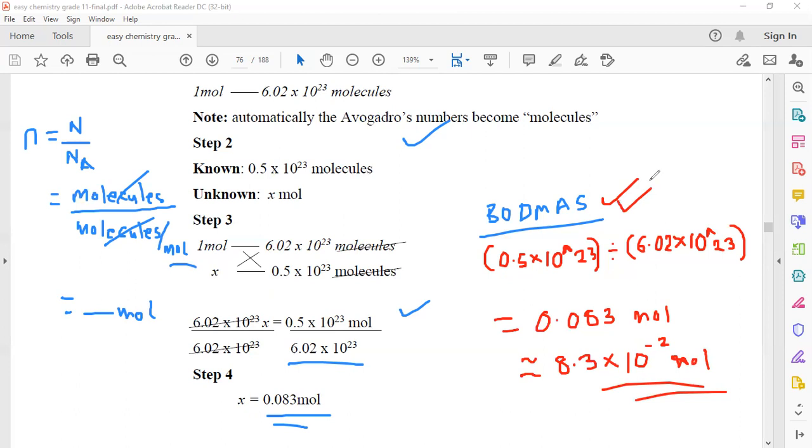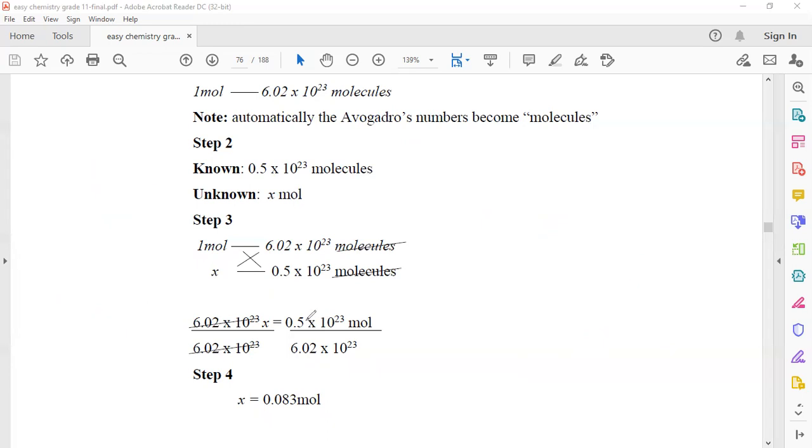The other way is using the laws of indices. If we're going to use the law of indices, we are going to divide this number and this number.